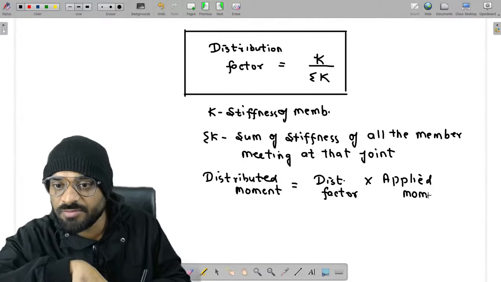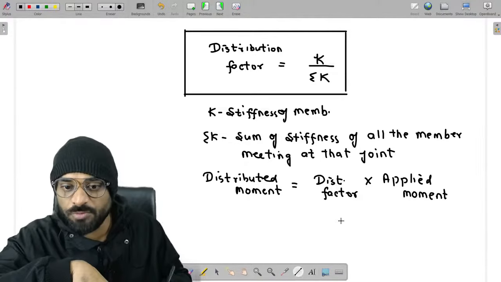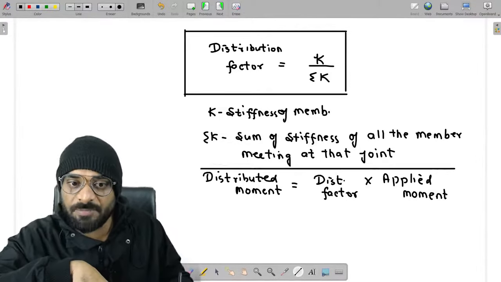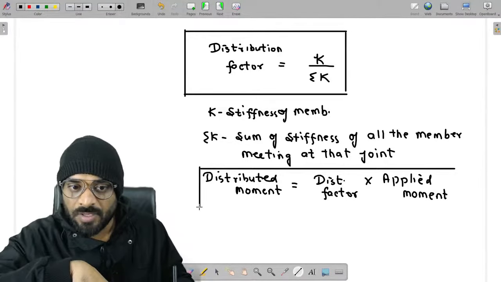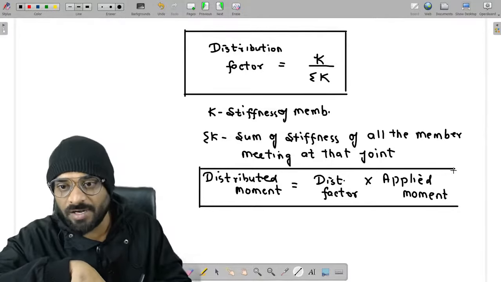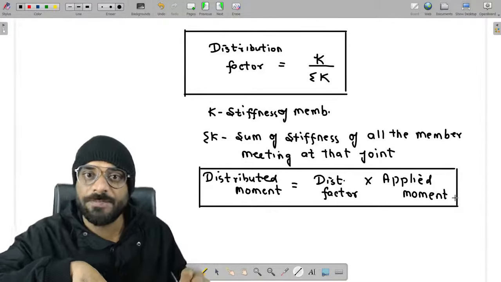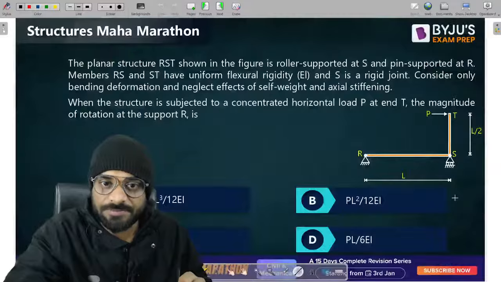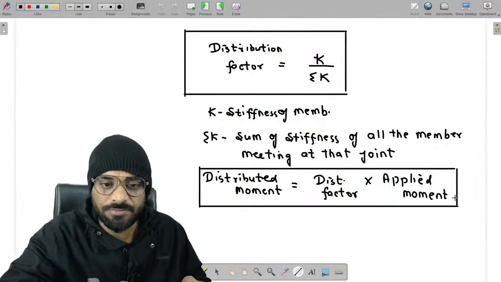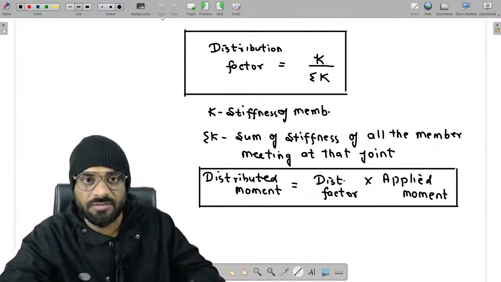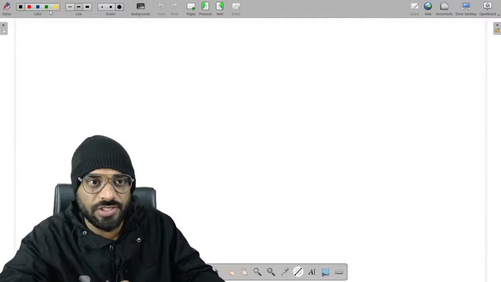It is the proportion of moment which should be resisted by a particular member according to its distribution factor. So this is our distributed moment. Getting a point? Clear? Please write down. Okay, very nice. So these 2 points are also clear to you.